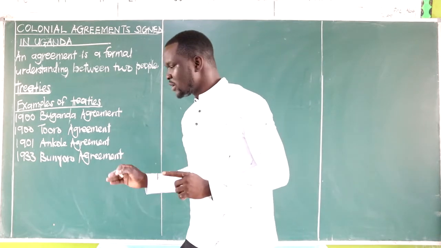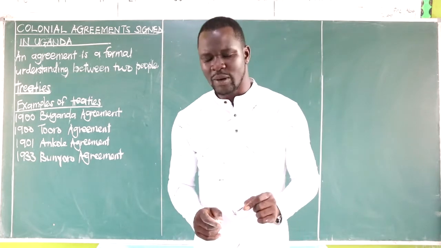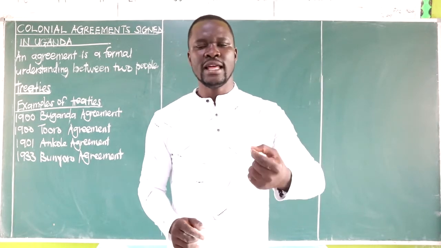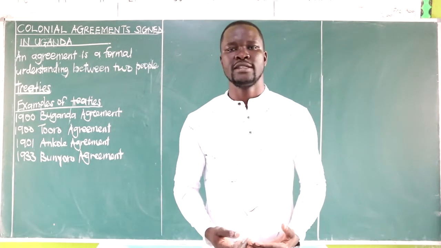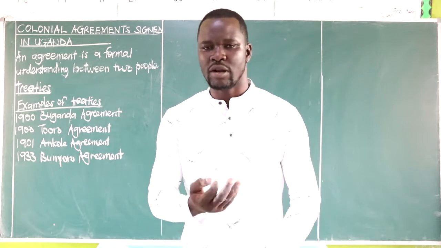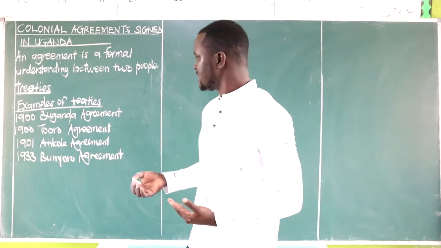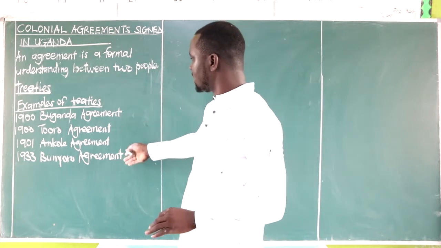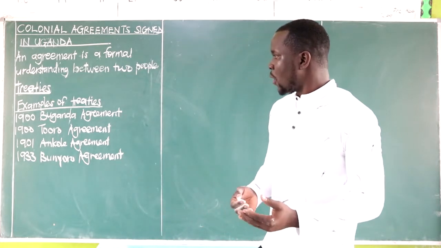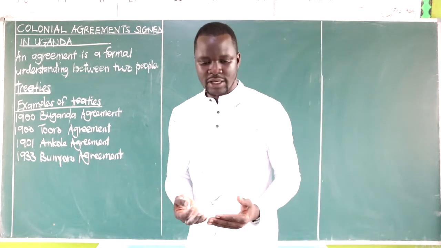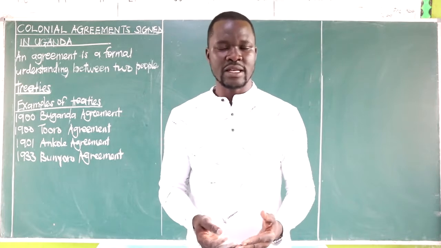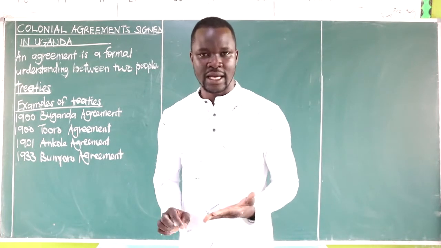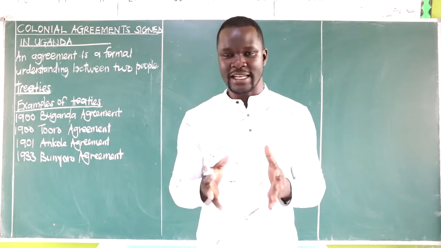Now, we are going to be looking at these agreements one by one. But before we begin looking at these agreements, there is a question which I want us to understand. A question can ask us that why did the British or why did the colonialists decide to make agreements with people? These agreements were documented, and once you document something, it remains there as evidence.